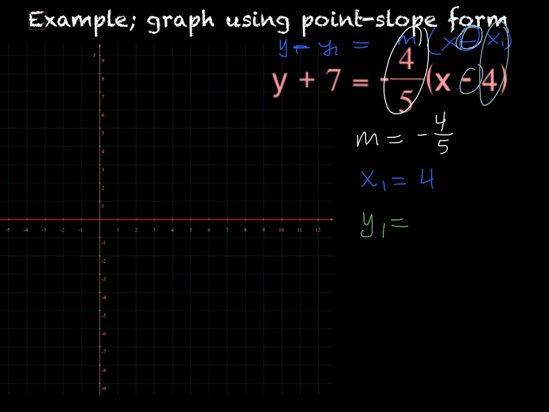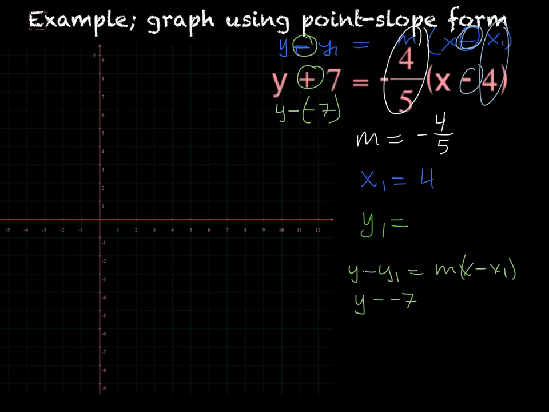Okay, so this one might be a little bit more tricky. What we have to do is check to make sure they're both negative. This one is not negative, so I need to change it to a negative to make it y minus negative 7, because it just changes the positive to a negative. It's still the same idea. Now we are of the form y minus y1 equals m times x minus x1 in parentheses, and we have y minus negative 7 equals negative 4 over 5 times x minus 4.